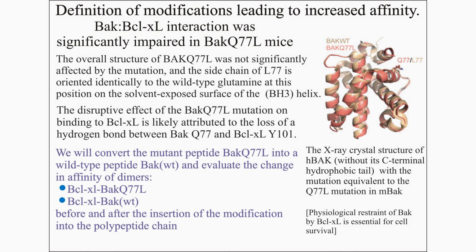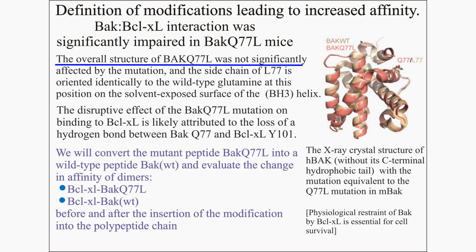Now let's analyze and then perform an example of replacing an amino acid residue in a BAK peptide when it interacts with the whole protein BCL-XL, which leads to an increase in the affinity of the peptide to the protein. Let us consider in more detail the three-dimensional structure of this dimer. Initially, we have a three-dimensional structure of a dimer in which the Q77L substitution in the BAK peptide is performed.